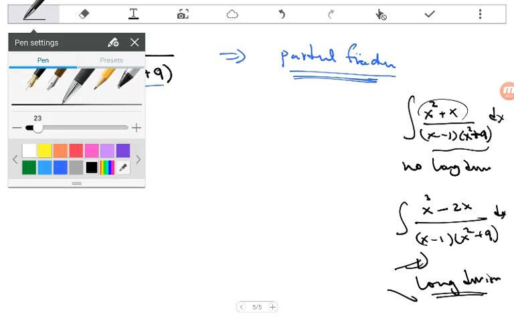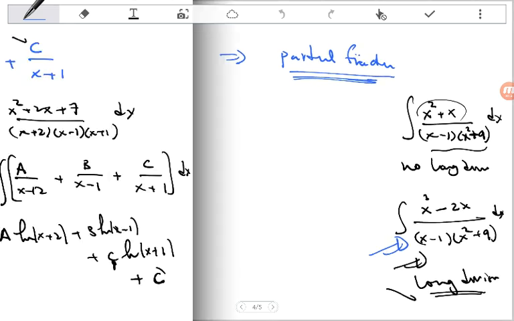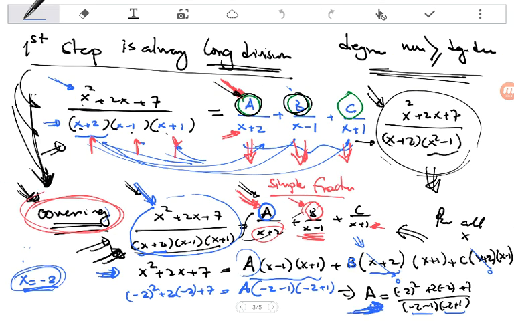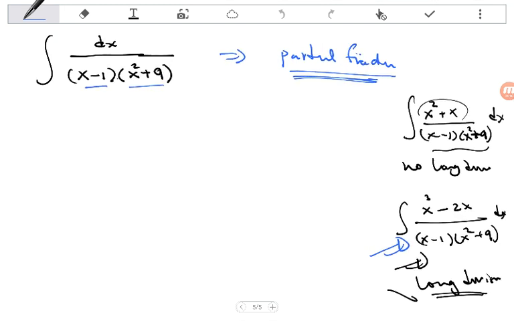If I start to make the assumption on this expression, all my steps will be wrong. Any of these steps, which is the assumption, then the substitution to find the constants, all of these steps will be wrong if I forgot to make the long division step here.